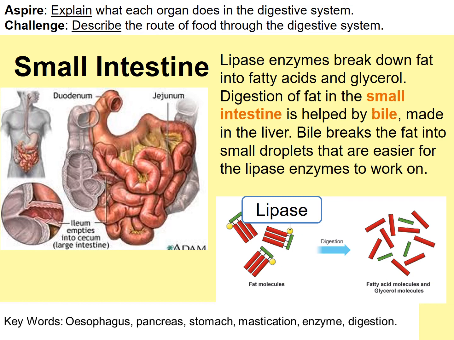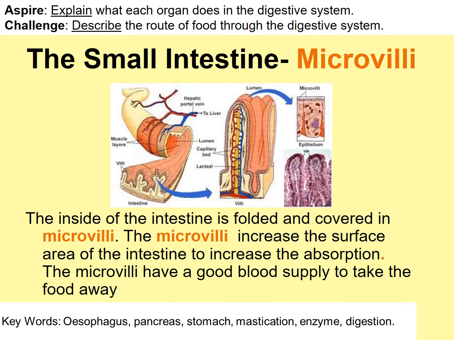Small intestine, mainly you get some more lipid digestion, some more carbohydrate digestion, and it all gets absorbed into your bloodstream. Now, the small intestine is helped by having these things called villi. So villi are these little folded parts of your small intestine. It just increases surface area.